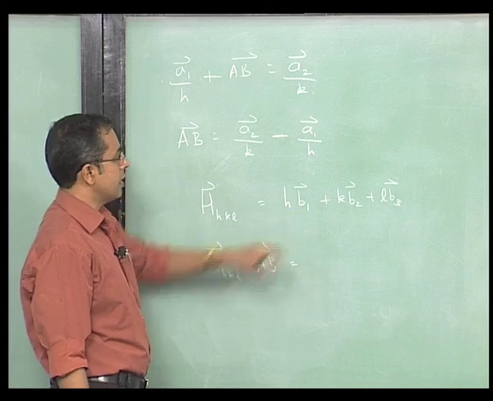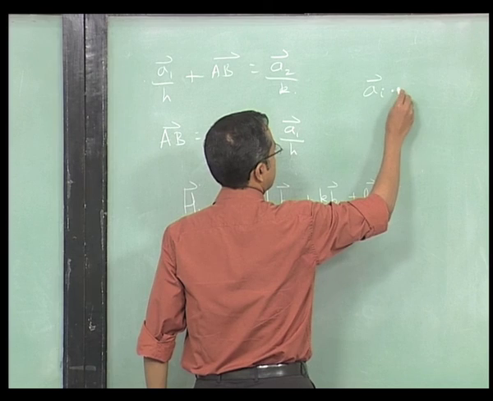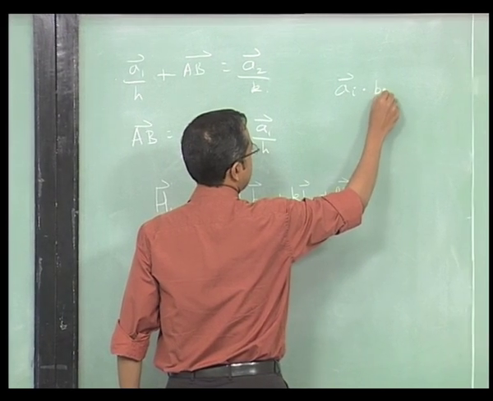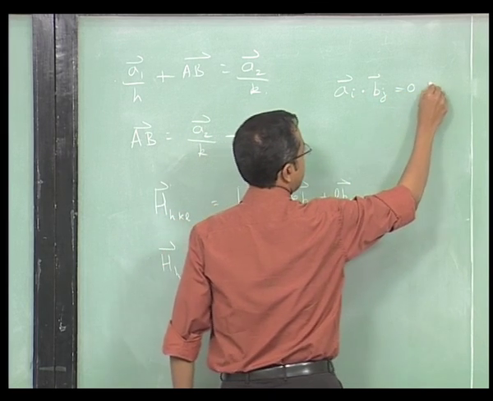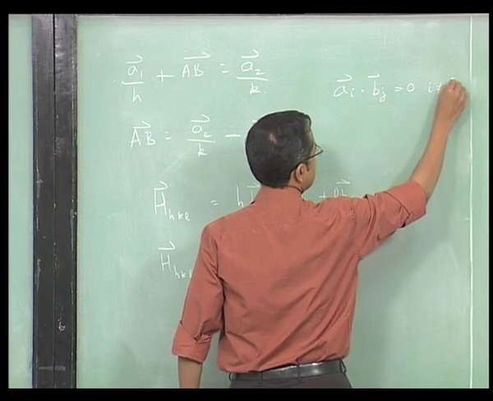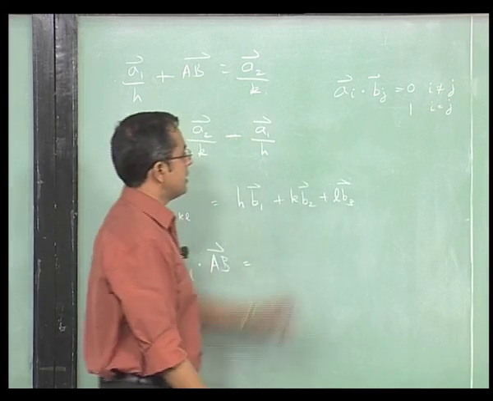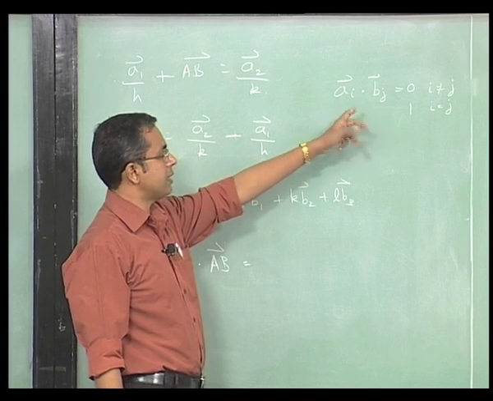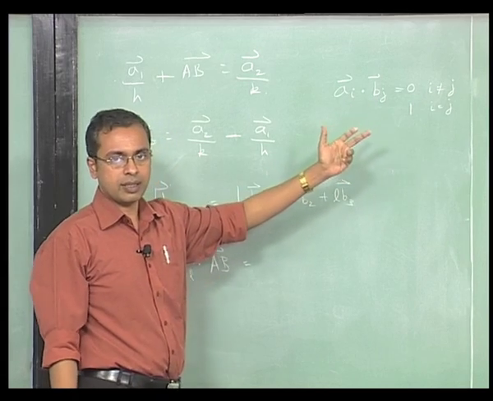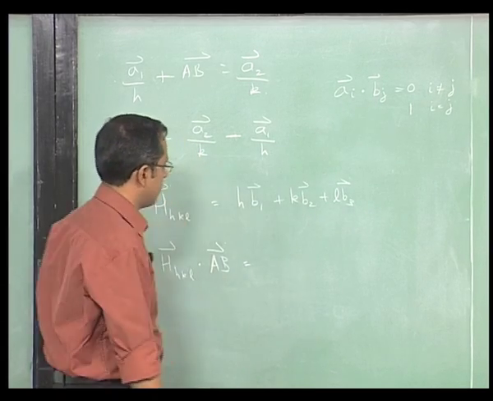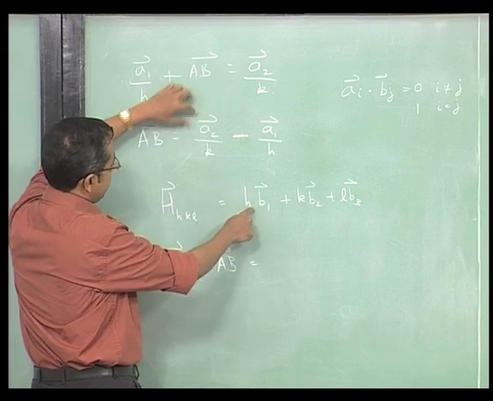We already saw that if you have Ai dot Bj, then this is equal to 0 if i is not equal to j, and this is equal to 1 if i is equal to j, right. And since it is a dot product, Ai dot Bj is the same as Bj dot Ai. The order in which you do this dot product is not important to us, because either way you will get the same thing. So if you look at this dot product here, you have HB1 dot A2.